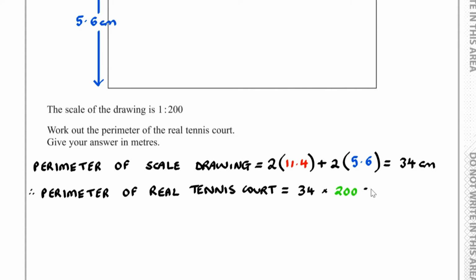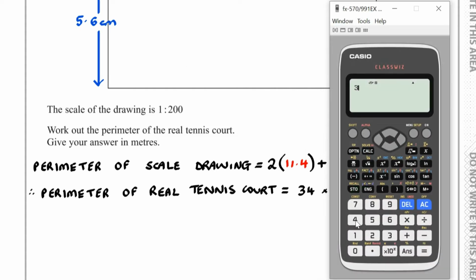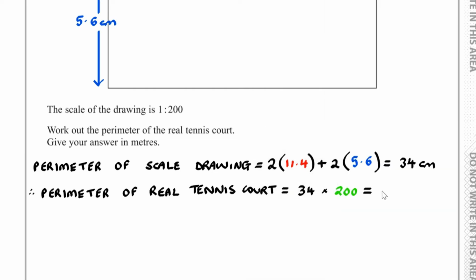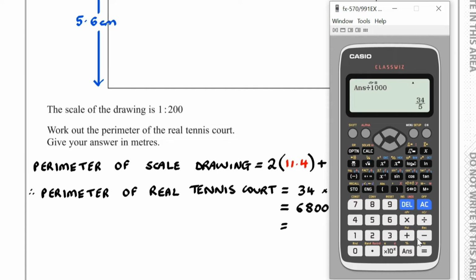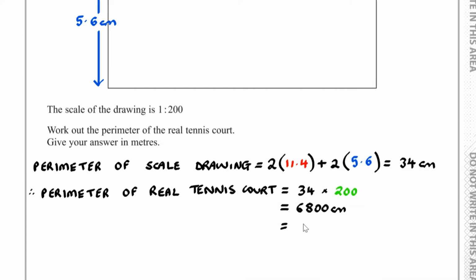And if we work this out, we get 6,800 centimeters. And if we work out what this is in meters, I would have to divide by 1,000, so I get 6.8 meters. And just to emphasize, what we did was we divided by 1,000.